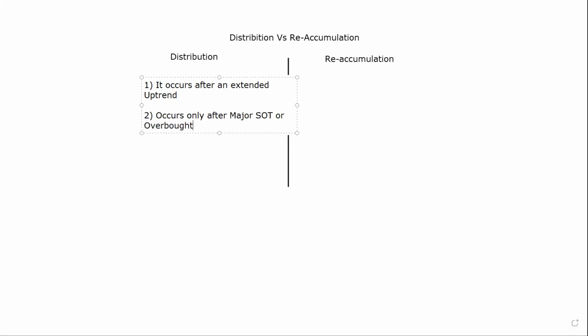Number three, has a WRB, wide range bar. We call it WRB with climatic volume.